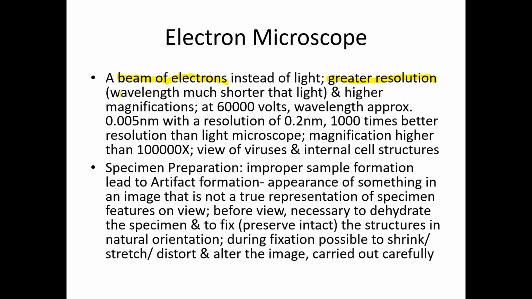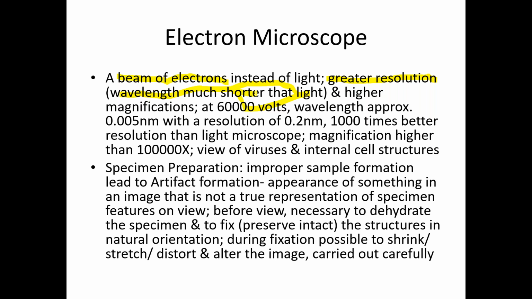Because why? Wavelength is much shorter than light. Shorter wavelength, you can see. So in light microscopy itself, while I was explaining, I told you, as the wavelength of the light decreases, the resolution or resolving power increases.